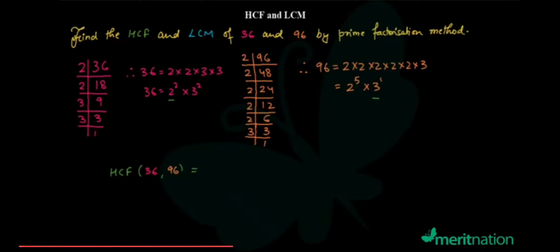So 2 squared will come from 36 and 3 to the power 1 will come from 96. If I multiply these two values, I will get the HCF, which in this case is 4 times 3, which turns out to be 12. So this is the HCF of 36 and 96. Hence you can remember that the HCF is nothing but the product of the smallest power of each common prime factor in the numbers.